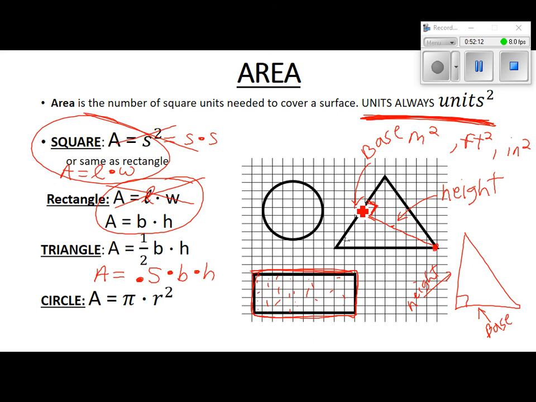For a circle, you might want to rewrite the formula, because I know there's a lot of you saying, well, that's the same formula as we had on the other page. Is this the same? No. What's r squared mean? R times r.